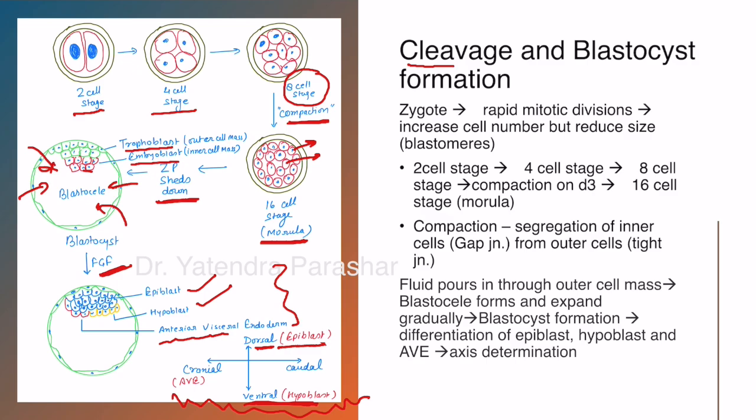So this ventral and dorsal axis determination and the cranial and caudal axis determination also occur, because there is development of the AVE, anterior visceral endoderm formation. So both the dorsoventral and craniocaudal axes are determined during this stage of development.